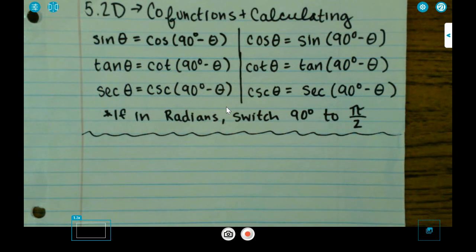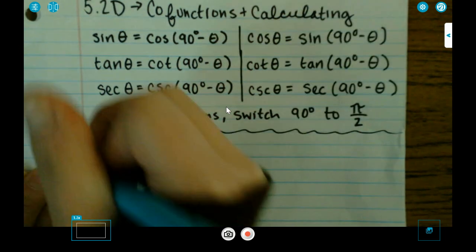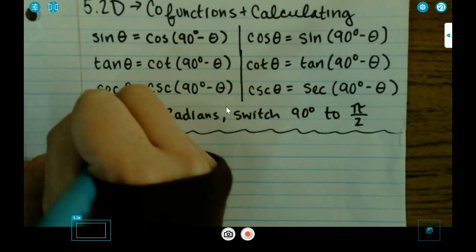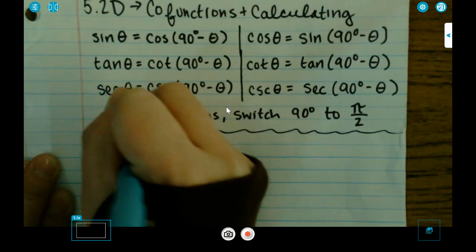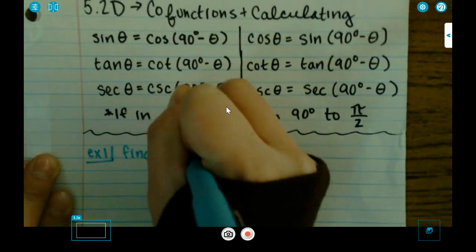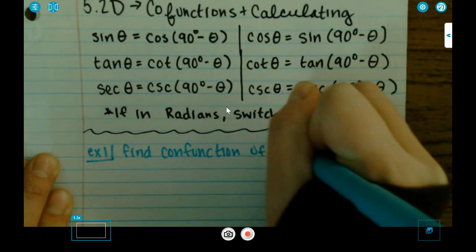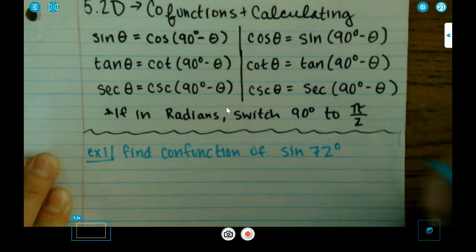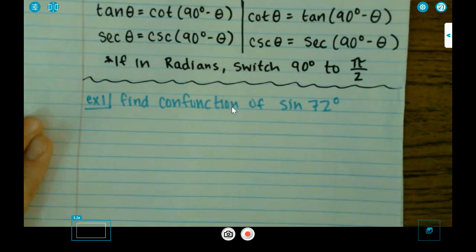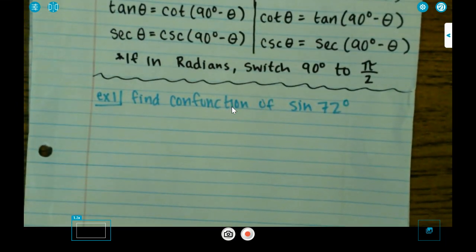Okay, so first example, example 1, we are going to find the cofunction of sine of 72. Sorry, sine of 72 degrees. That's important. I tell you whether I'm in degrees or radians. 72 radians would be a ridiculous thing to look at, but sine of 72 degrees.